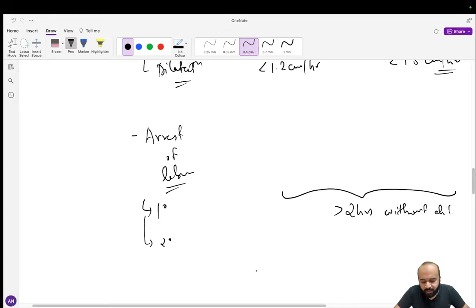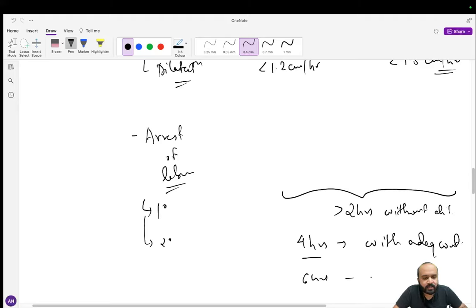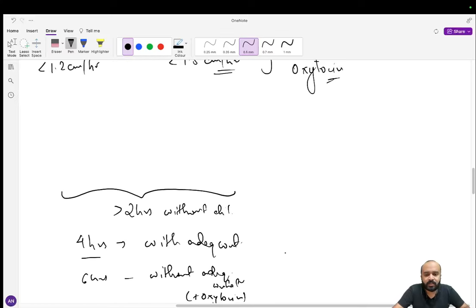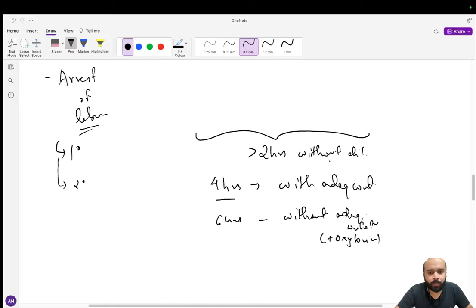Whereas for secondary, it is going to be 4 hours with adequate contractions, or 6 hours without adequate contractions. I mean, the patient is just not getting adequate contractions despite oxytocin being started. So that is how you will be defining arrest for primary and multigravida, both of them.